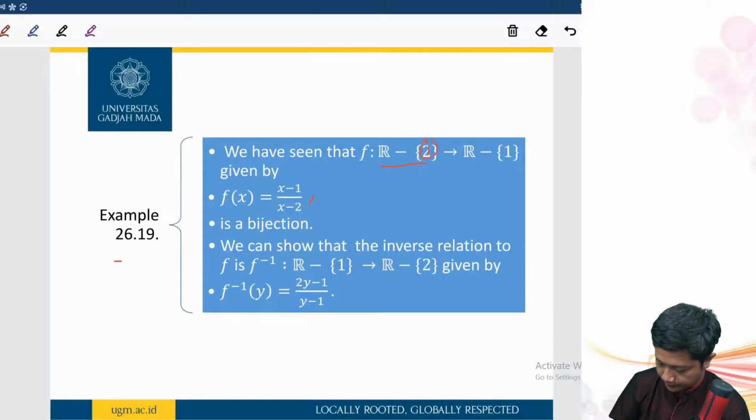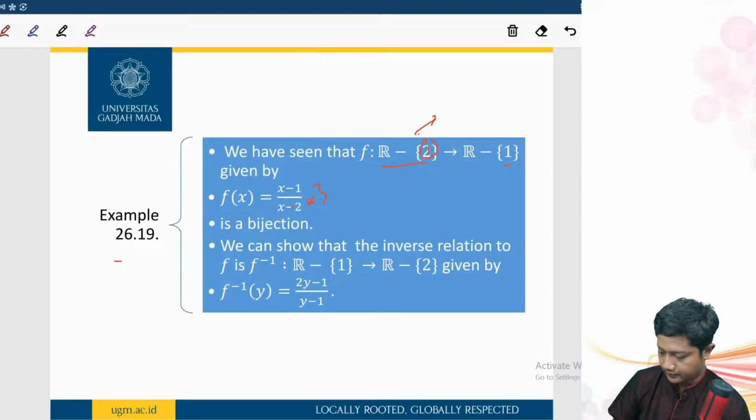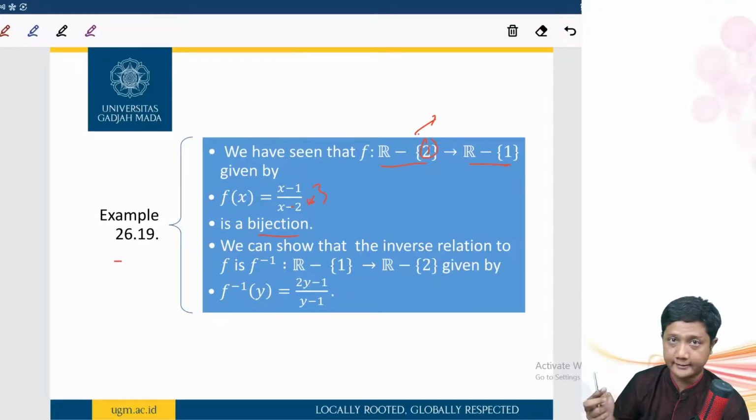Okay, next, when we have this one from R minus {2}, it is clear, because when you put 2 here, then this is not defined. That's why we should exclude the number 2, and this one also never reaches the value 1. So the codomain is R minus the singleton {1}, and we can prove that it is a bijection. It's not difficult, because you only have to prove two things, the injectivity and surjectivity.